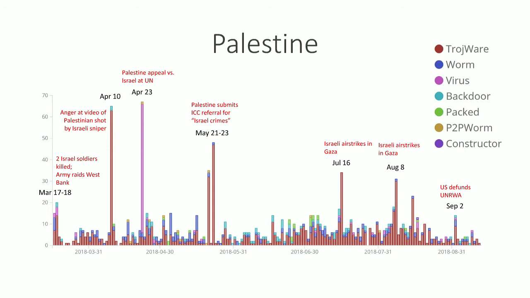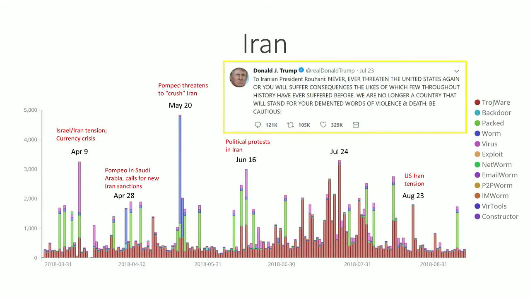But you can see that it is a massive virus spike within Palestinian network space that I don't think is coincidental. Here's Iran, right? And if you squint your eyes, you'll see some interesting things. I'll just point out only one: the red cluster about three-quarters from the left stands out as a particularly tense period on Iranian networks.